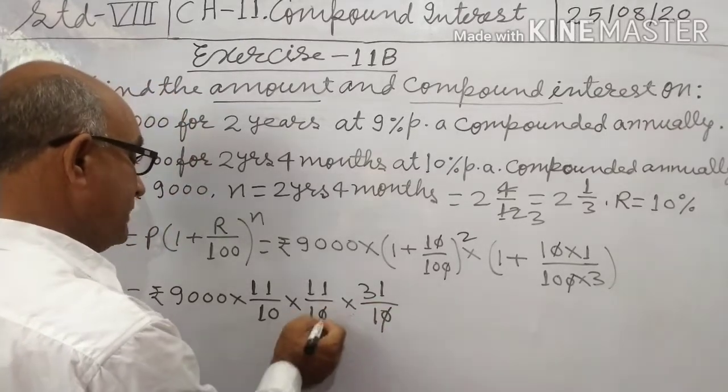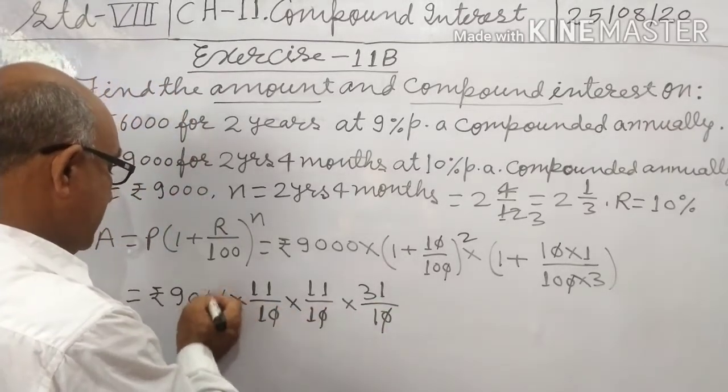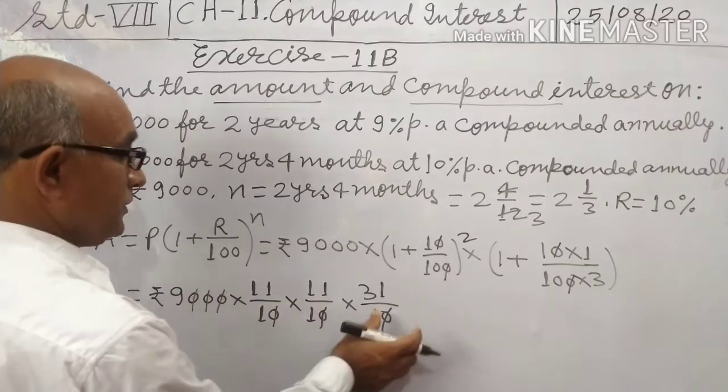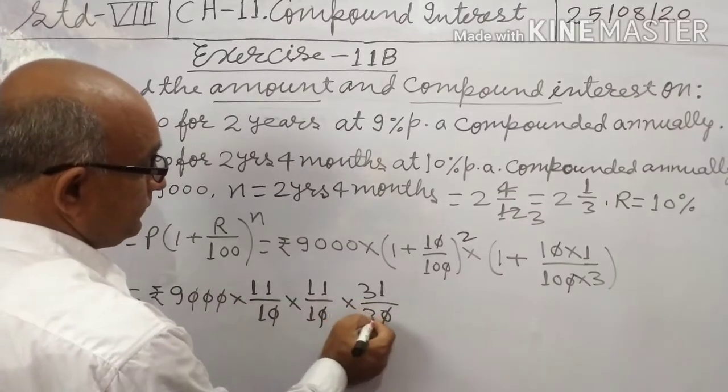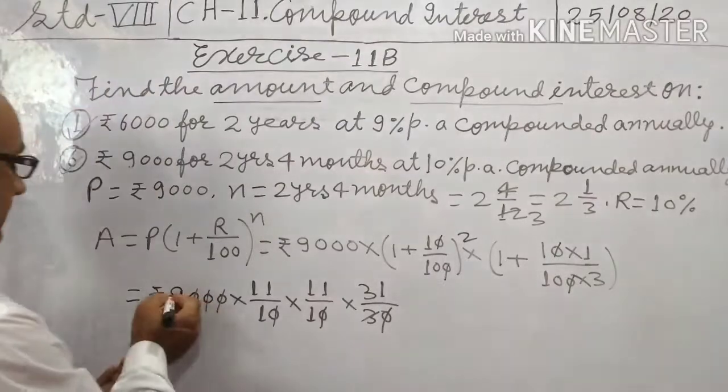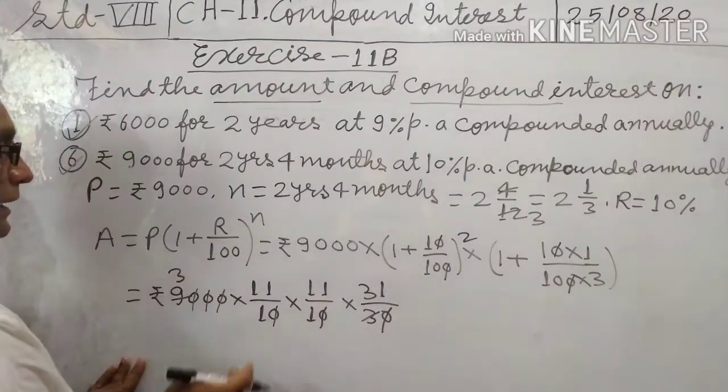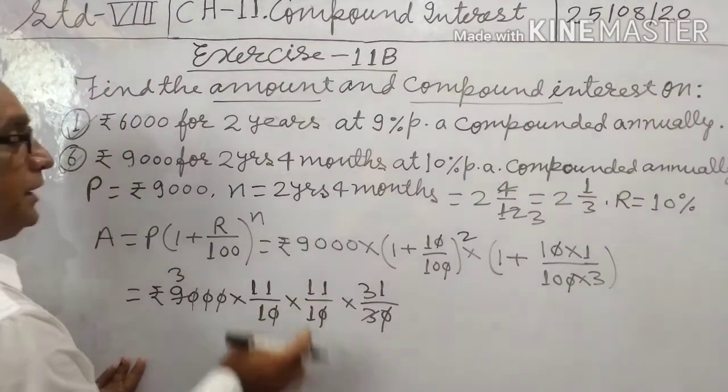Now the zeros cancel. 3 3 are 9. So 11 into 11.